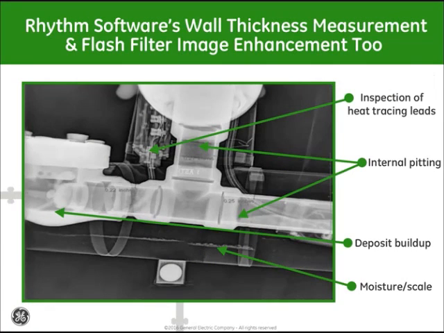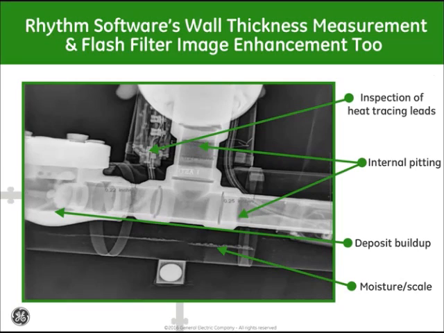So here's an example of an X-ray image of a pipe with a valve and a steam trap. And there's a whole lot of information that we can see here. We've enhanced the image using the flash filter tool that's in Rhythm, and then used wall thickness tools. So we have the ability to see steam tracing inside of the insulation. We haven't had to remove the insulation to evaluate the condition of steam tracing.